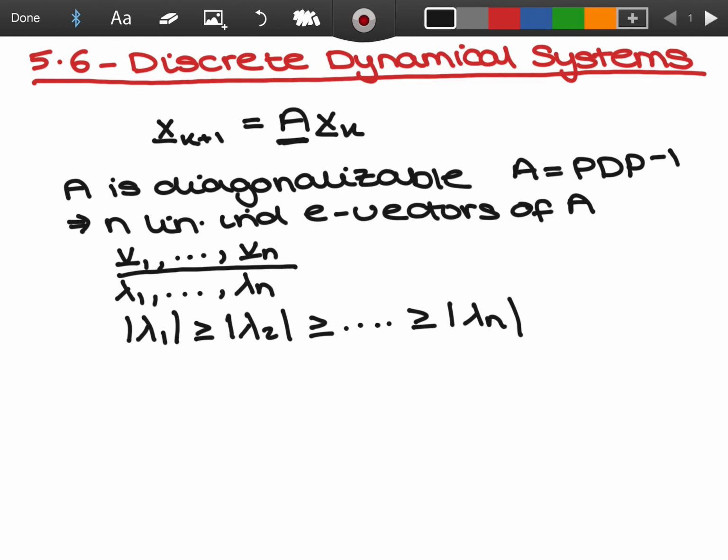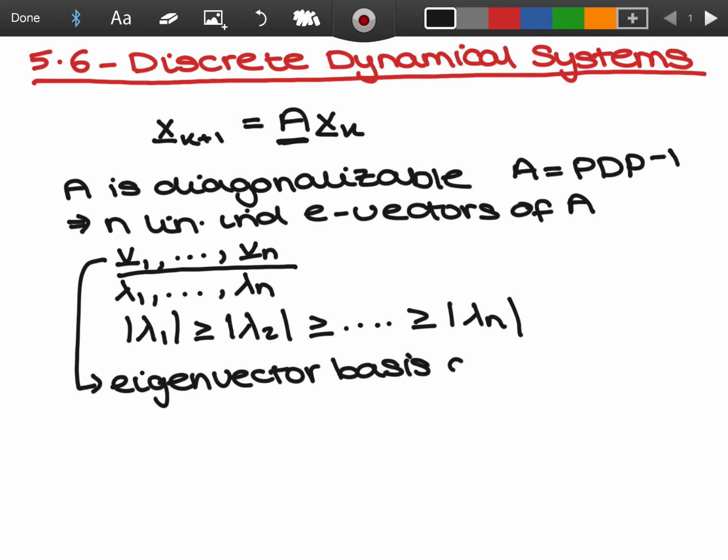They're just a basis of Rn formed of eigenvectors of A. Now, when something is a basis of a space, it means that I can take any vector in that space and write it as a linear combination of those vectors. I can always write a vector as a linear combination of the basis vectors of that same space.